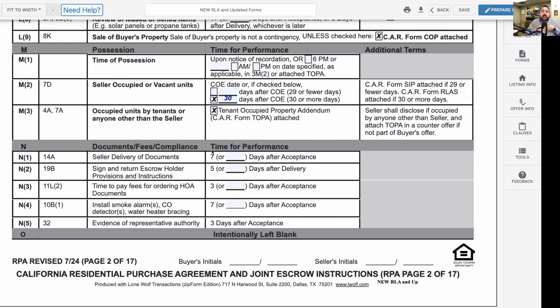So my suggestion is, as a listing agent more than anything else, because as a buyer's agent, I have very little control over the ability to change the seller's behavior and how quickly things get done. But if I'm a listing agent and I'm requesting people to reduce their time period to inspect and to investigate the documents that are the responsibility of my seller, I should be the one telling my seller, hey, by the way, we need these to be delivered to the buyer much sooner.